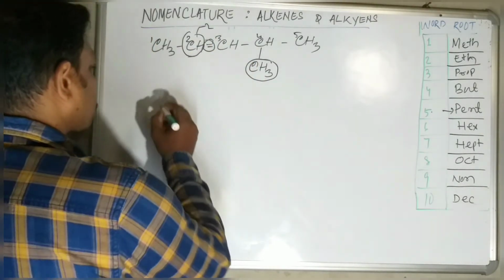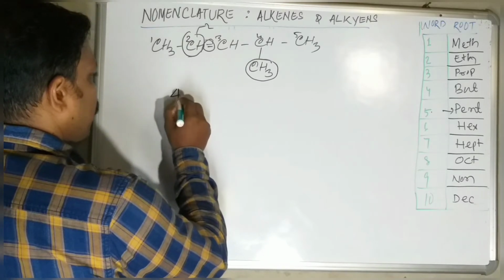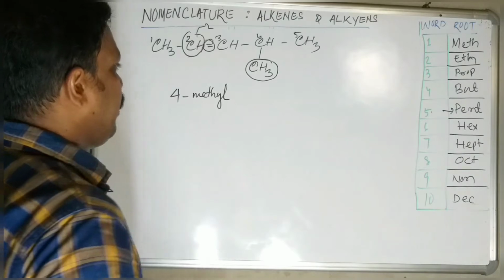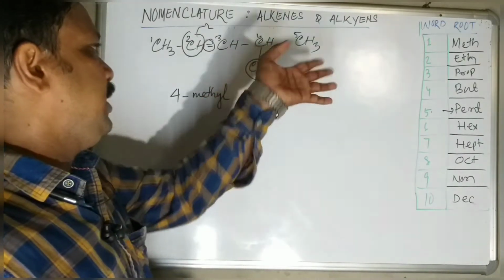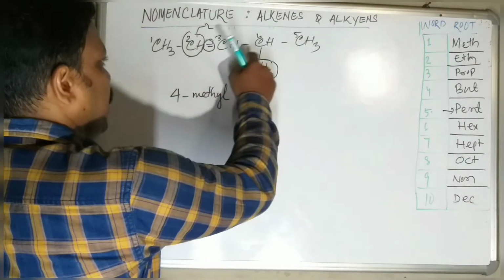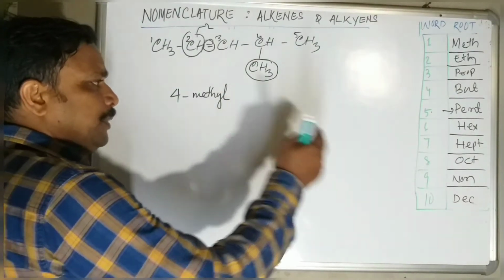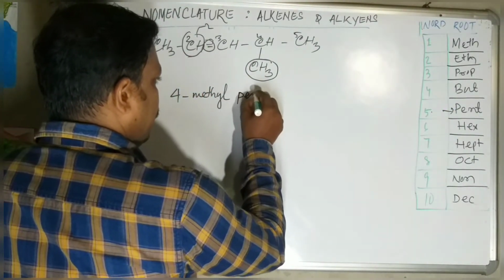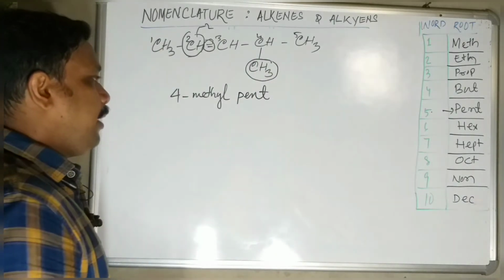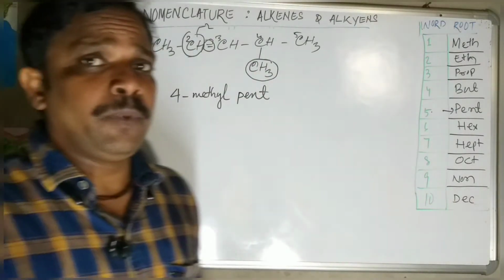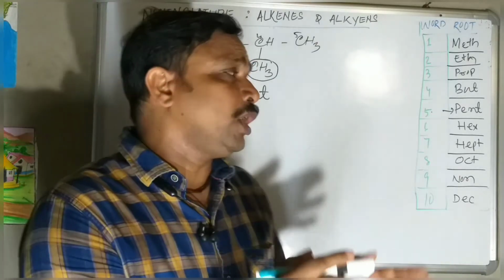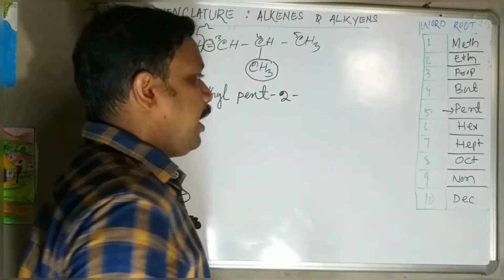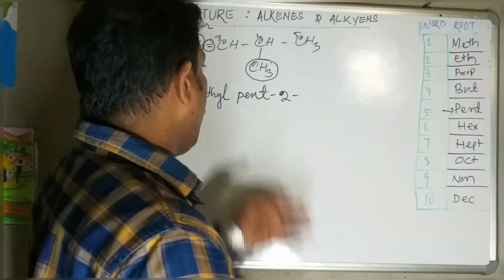You can write here 4 methyl, and the number of carbon atoms in this compound is 1, 2, 3, 4, 5. For 5, this is pent. We can write pent, and the functional group is placed on second position, so pent 2, and the suffix is for the double bond.